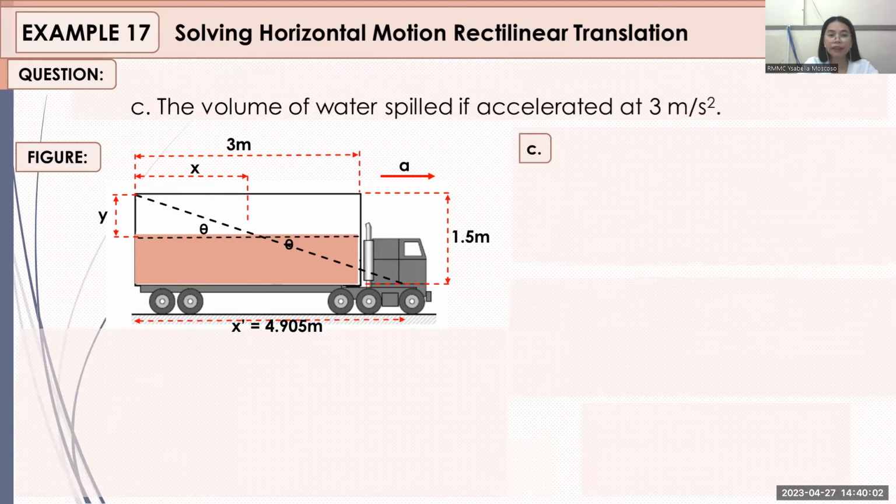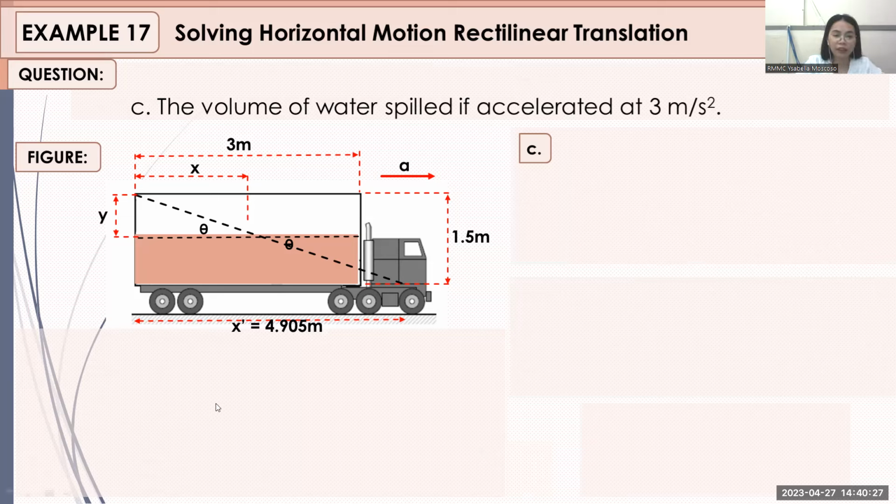Okay, letter C tayo. The volume of spilled if accelerated at 3 meters per second squared. So, kine-claim niya dito, nung inaccelerate natin yung vessel natin into 3 meters per second squared, may natapon na tubig. At yung hinahanap natin is the amount of volume na natapon na ng vessel. Okay, so meron na daw natapon.